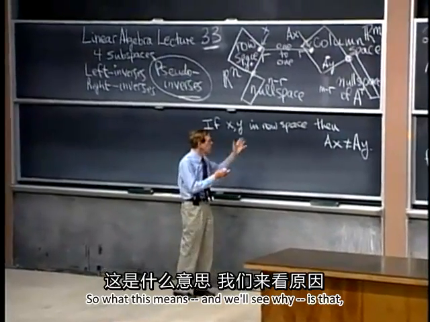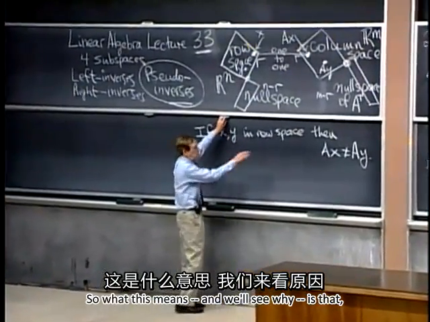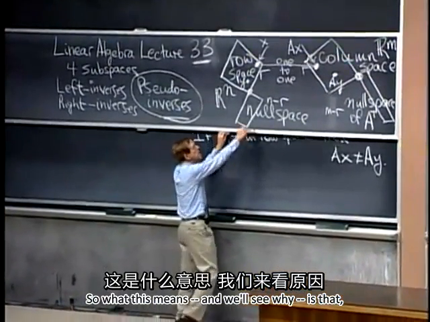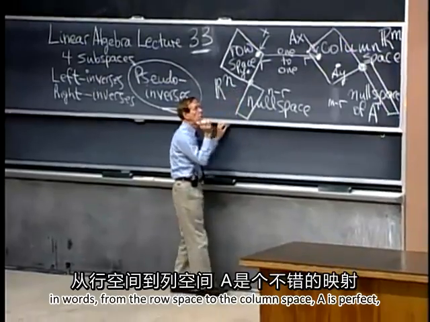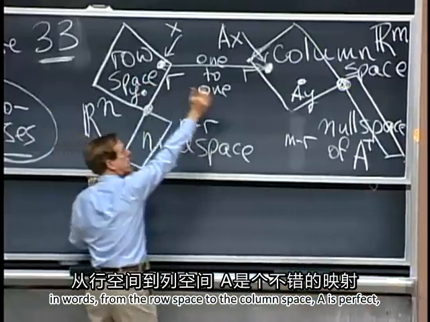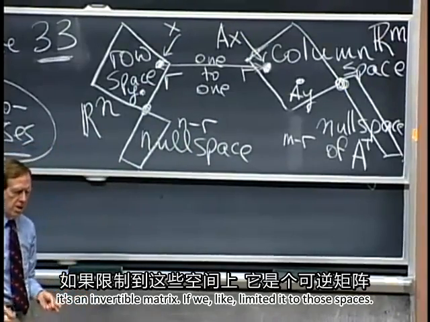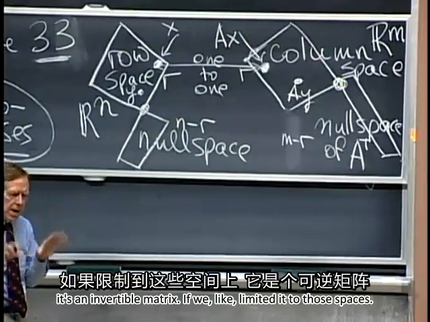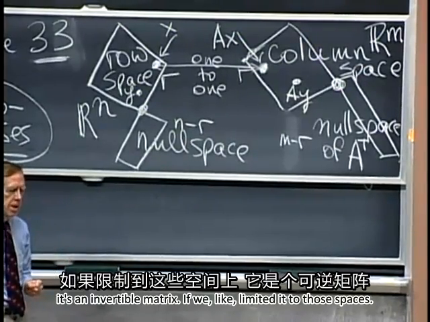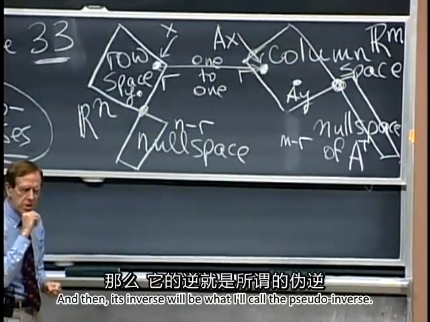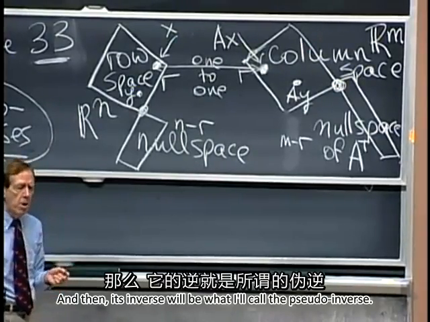And what this means, in words, is that from the row space to the column space, A is perfect. It's an invertible matrix, if we limited it to those spaces. And then its inverse will be what I'll call the pseudo-inverse.